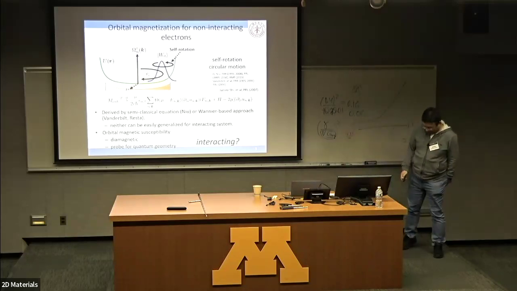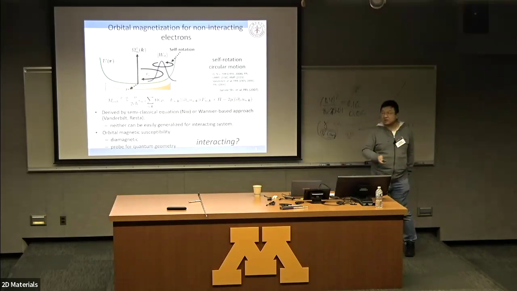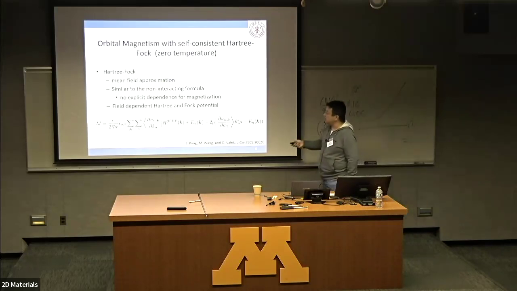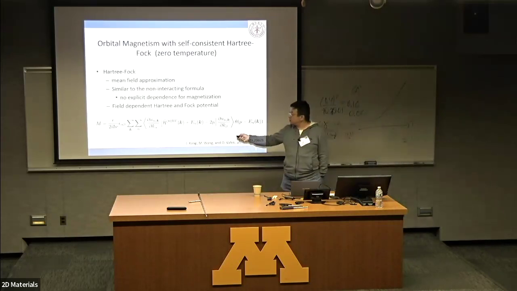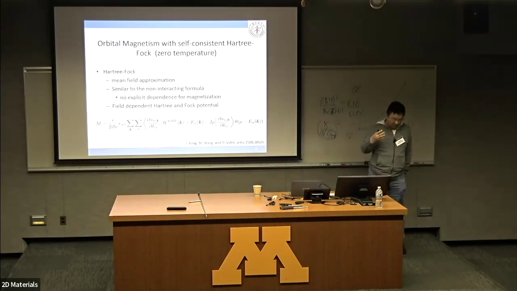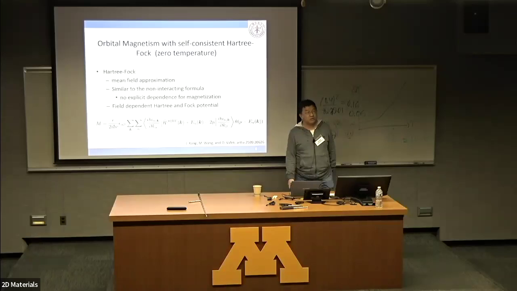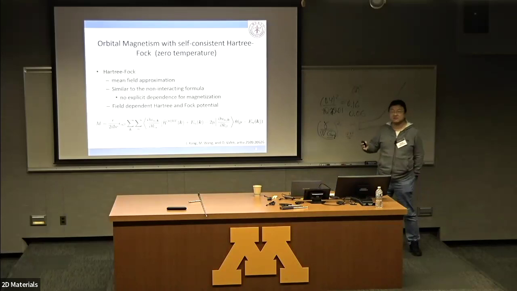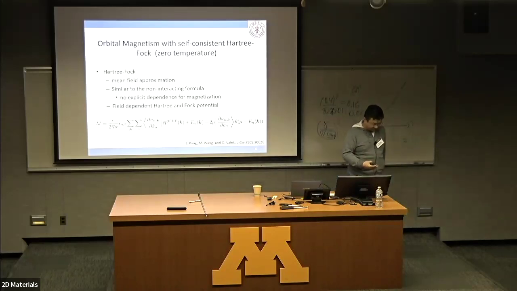Here, I will first give you the result. It turns out that the formula itself is very similar to the non-interacting one. For the Hartree-Fock approximation, the formula is quite identical, with the only difference that you replace the Hamiltonian and the states by their Hartree-Fock counterparts.